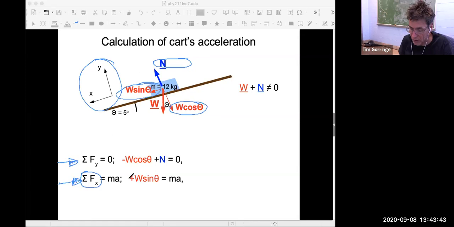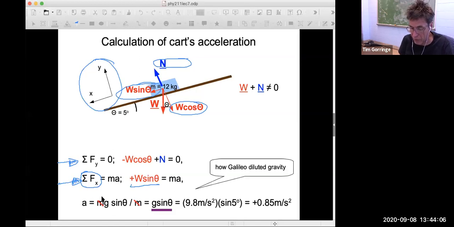So the sum of the forces in the x direction is W sine theta, and that must equal mass times acceleration by Newton's second law. And so that is going to determine the acceleration because we know the weight, we know the mass, we know the angle of the incline. Everything else other than the acceleration we know. And so let's solve that.